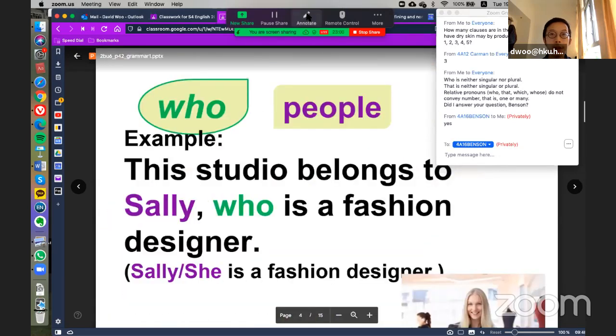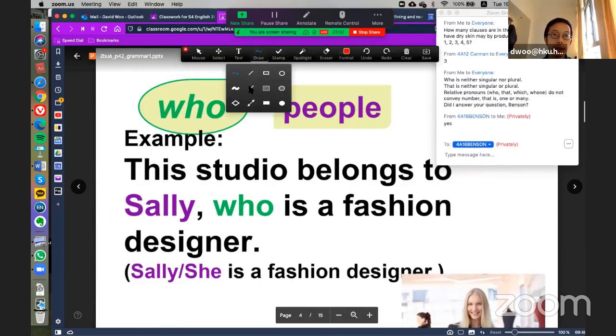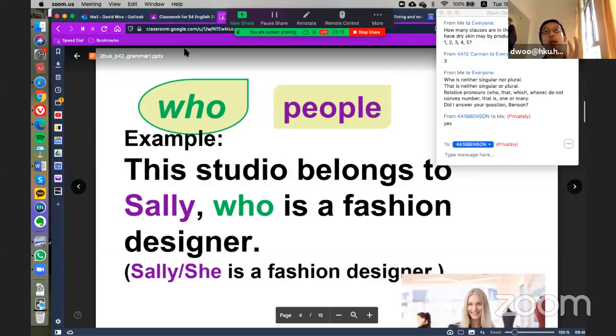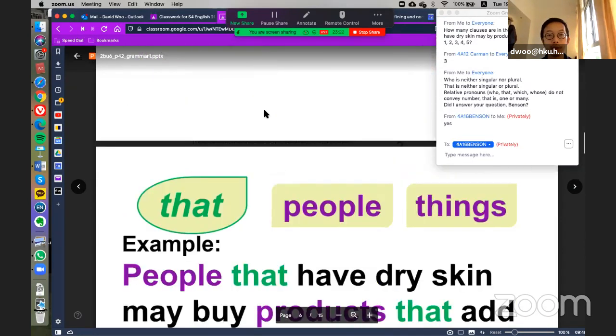But then we look at Sally, and in this case, who is singular, because Sally is just one person. Okay, so absolutely, who and that, which, whose are neither singular nor plural. They just represent either singular or plural nouns.